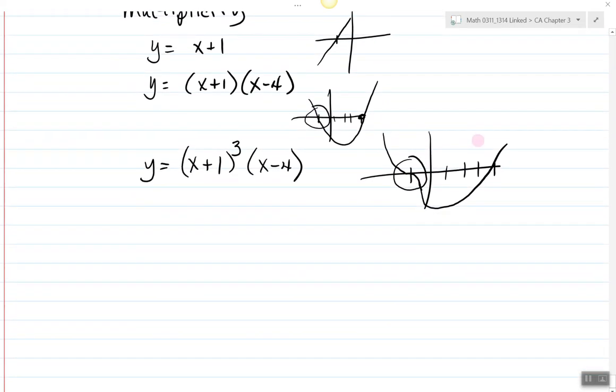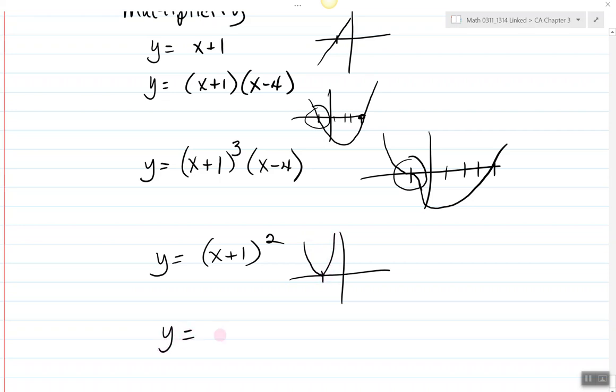When you're talking about even multiplicities, like y equals x plus 1 squared, all right, then here it's going to come down, touch it, and bounce away.